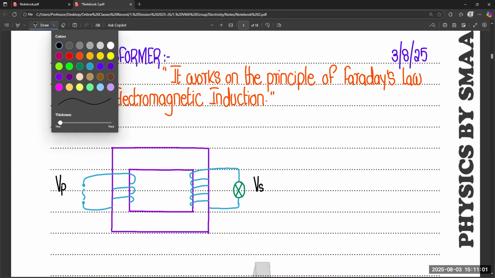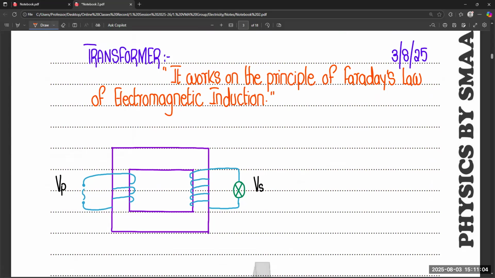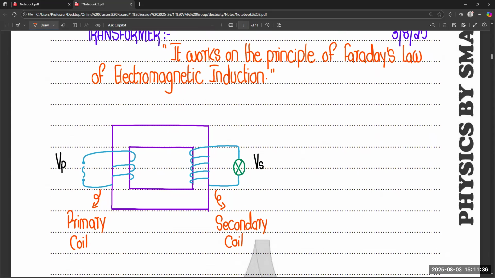So the left side represents the primary coil, and the right side represents the secondary coil.